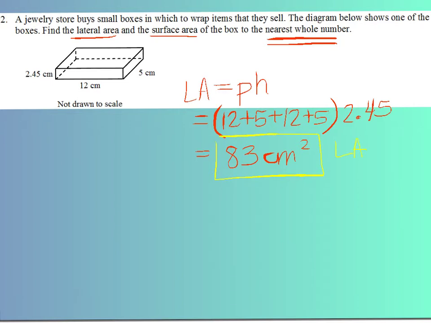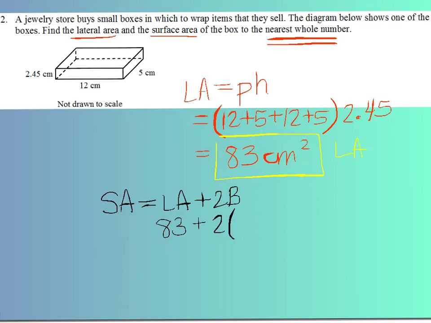To find my surface area, that's my lateral area plus 2 times the base. Well, lateral area we already know is 83 plus 2 times capital B. A capital B stands for area of base. Well, again, our base is this bottom rectangle, and the area of that is going to be 12 times 5.